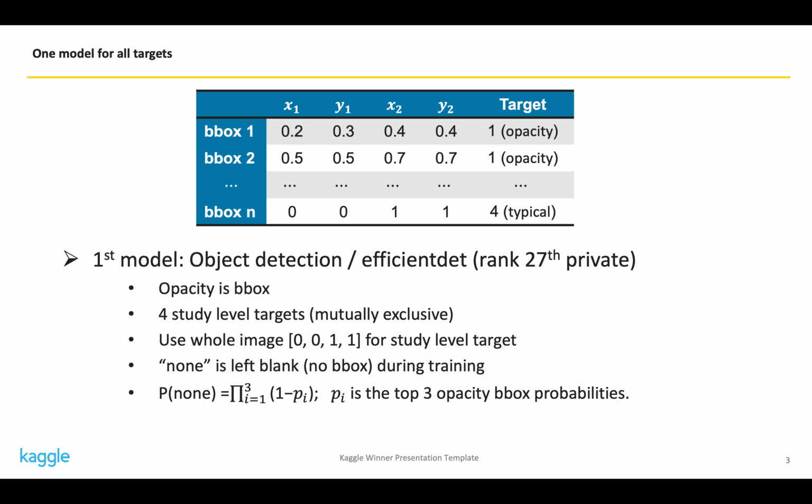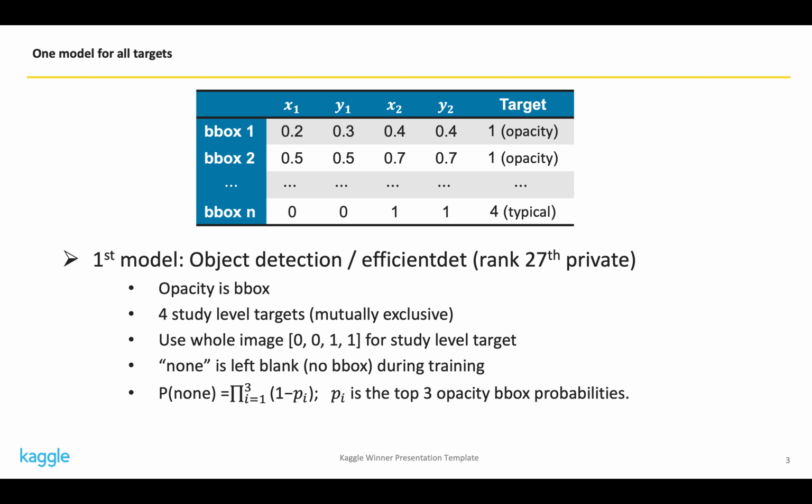There's still one target left, which is the non-target. Because of this mutual exclusivity reason, we can't do the same for the non-target, which means using the whole image as a bounding box.